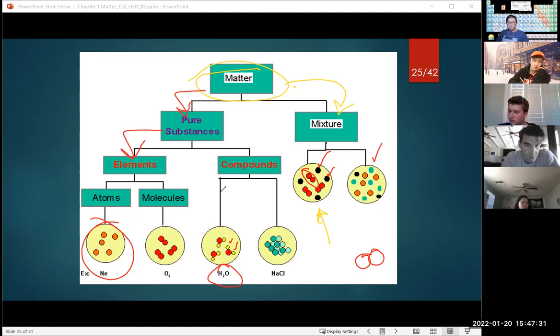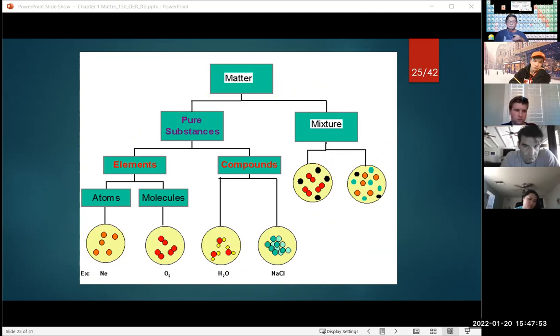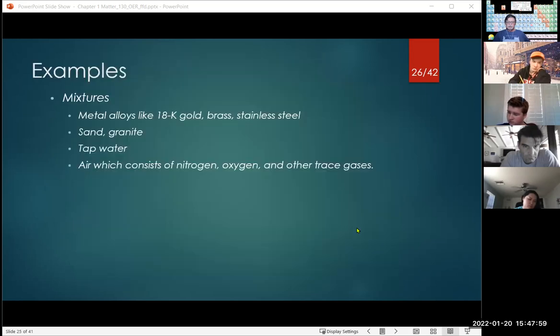So we can have either pure atoms or pure molecules of some diatomic molecule, like oxygen or hydrogen or nitrogen, and we'll learn about those; there are seven diatomic elements. So this is a breakdown of pure atoms and a mixture. You'll see a lot of diagrams. We utilize, like I said, a lot of diagrams.